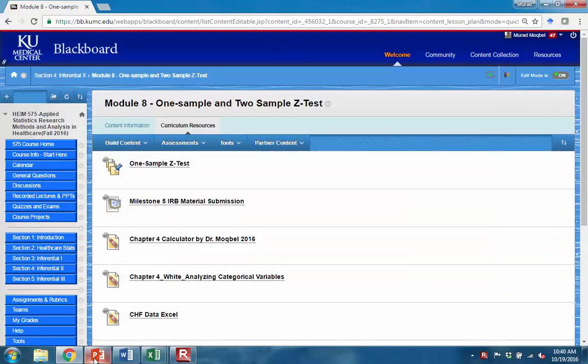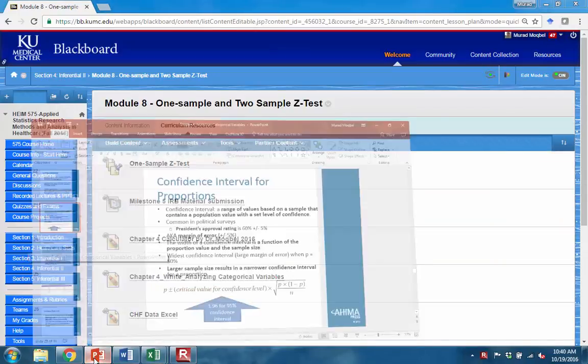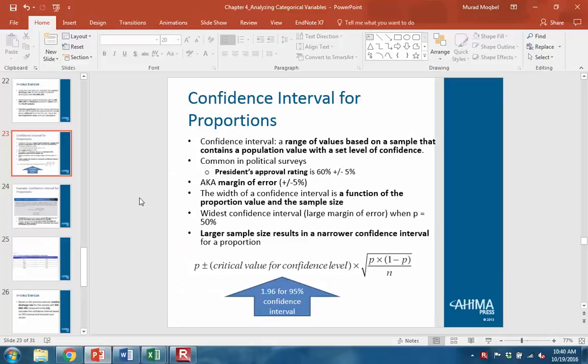Today we will continue with chapter 4. What we have talked about so far in chapter 4 is the categorical variables, and how we can apply descriptive statistics for categorical variables.